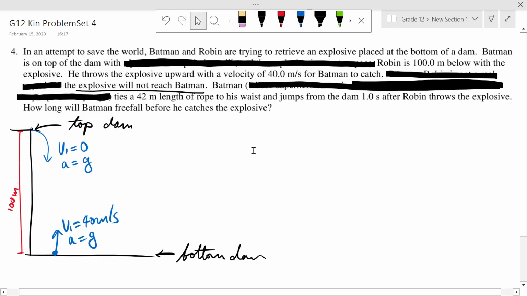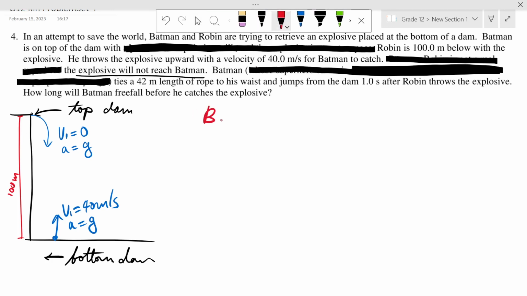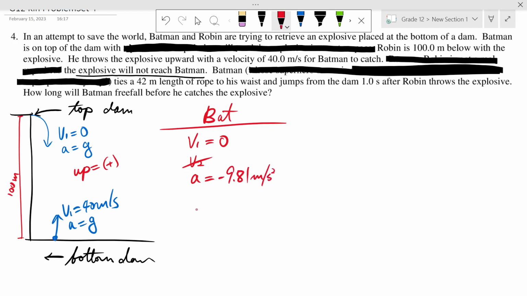Therefore, we have two intervals, basically two items to set up. I will say B for Batman in red. It's V, keep writing V0. V1 equals 0. V2, don't care. A equals, I will set up positive, basically 9.81 meters per second squared.